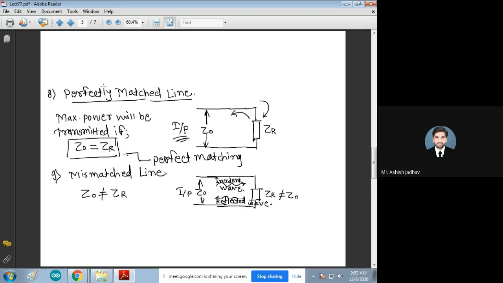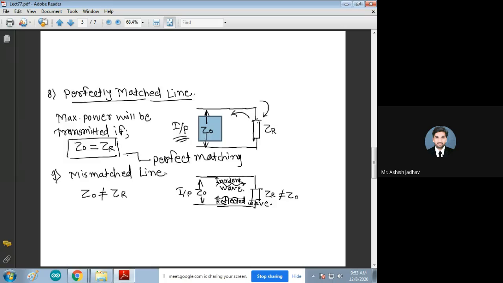Then perfectly matched line impedance, perfectly matched line. I told you one thing, the maximum power transfer theorem. Every circuit or transmission line will have a source impedance and a load impedance. If the value of the source impedance, in this case the characteristic impedance Z0, and the load impedance, in this case ZR, match, we will call it a perfect matching, right?